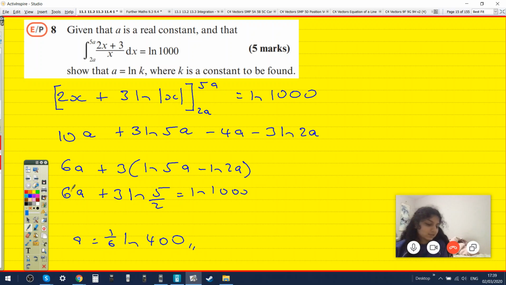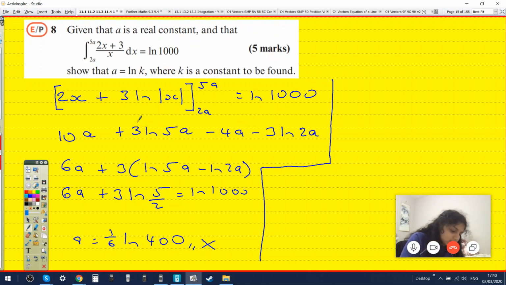So did you get this? 6a plus 3 ln 5 over 2? It's because when you do 3 ln 5a minus 3 ln 2a, I think I cancelled out the 3's, and I don't think you can do that. No. So I was kind of concerned about this one. You could try putting it as the power, but that won't really work either because of bidmas.